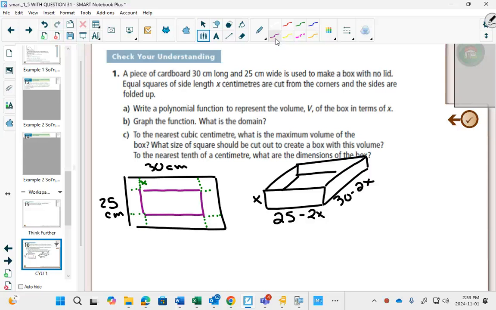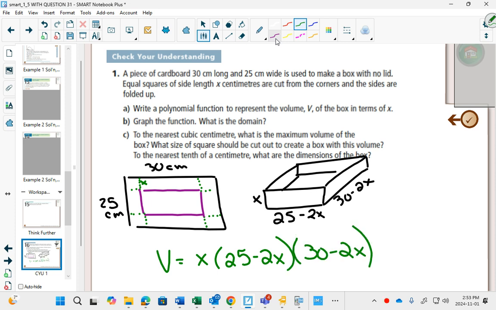Now they ask us to do a bunch of things. Write a polynomial function to represent the volume. Well, volume is length times width times height in no particular order. And it's super nice because it's already in factored form, each with a multiplicity of 1.